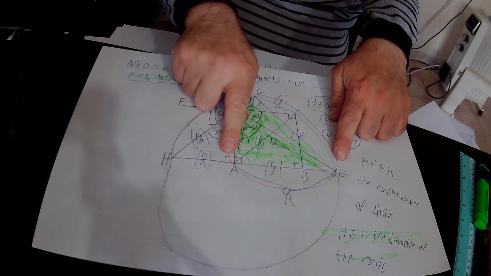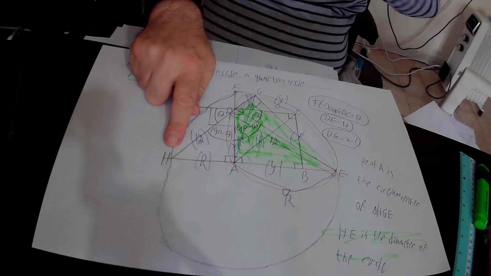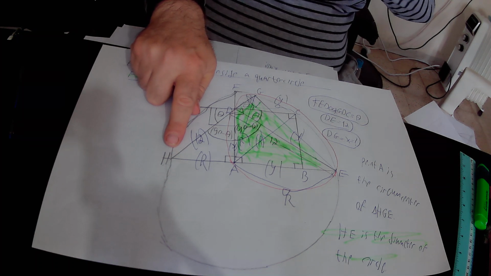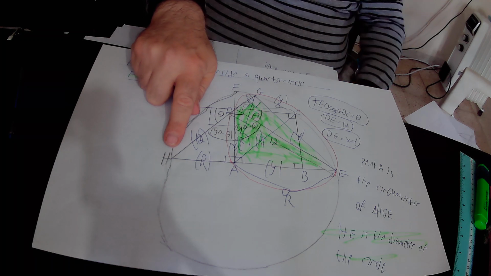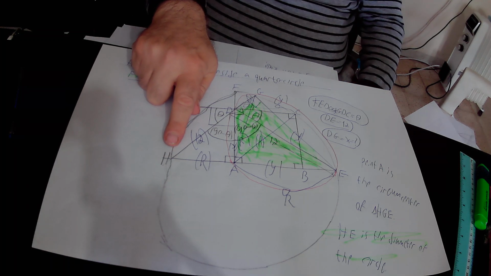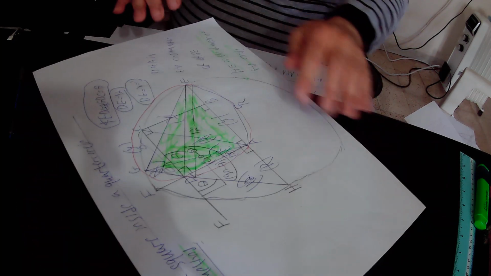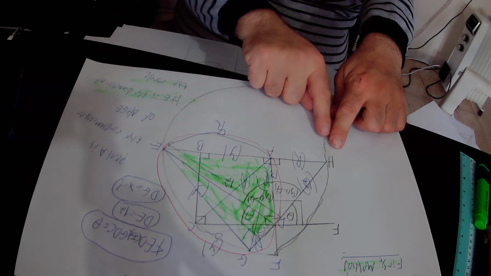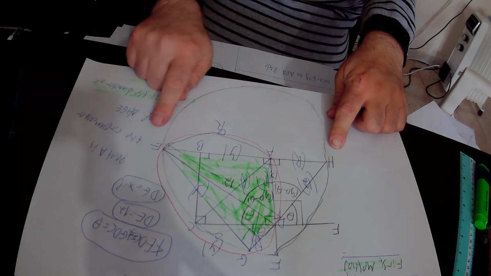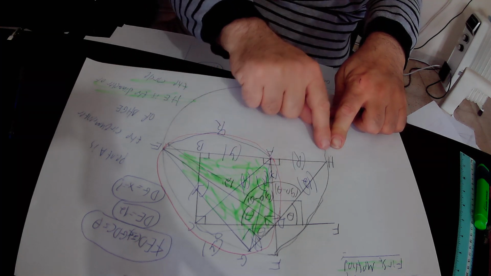This extended chord EA touches also the same common external point H. So all the requirements of rule 12 are satisfied, and therefore we can implement it. According to rule 12, the following equation will be true: HA times HE equals HD times HG.